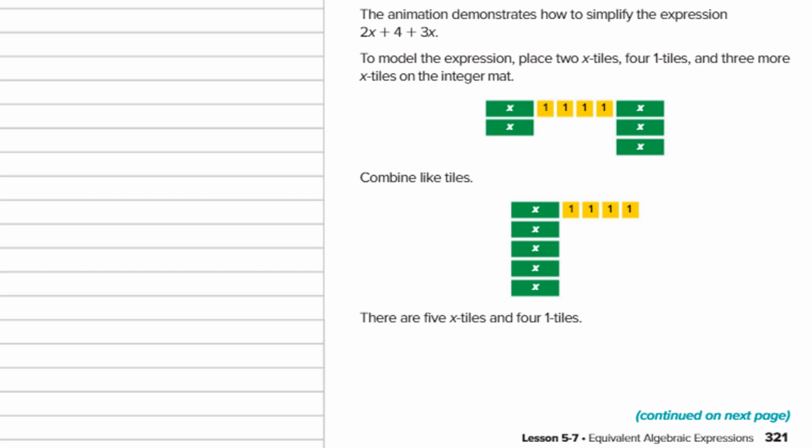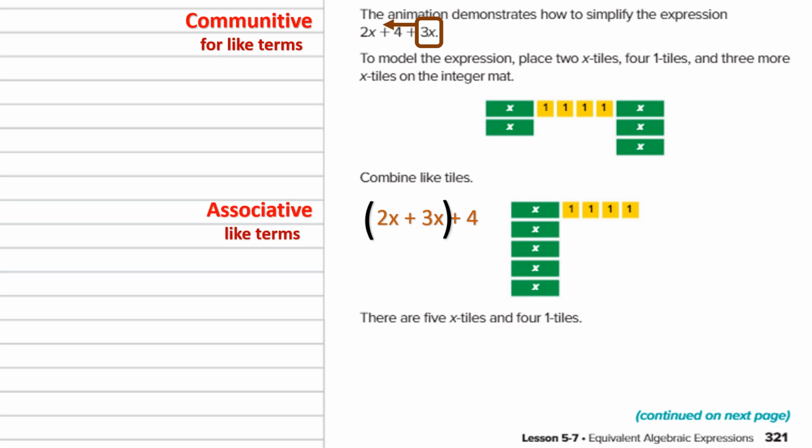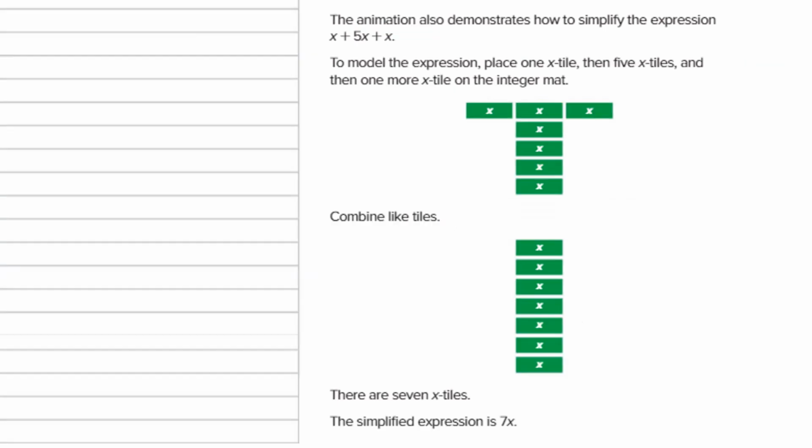In other words, I have two coefficients with the exact same variable, and therefore I'm just going to move them. I'm going to do the commutative property. I'm going to join them together, and since they do have the same variable, I'm simply going to add them together, and 2 plus 3 is 5, and I'm going to keep the variable, and then I'm going to keep everything else. So I end up with 5x plus 4.